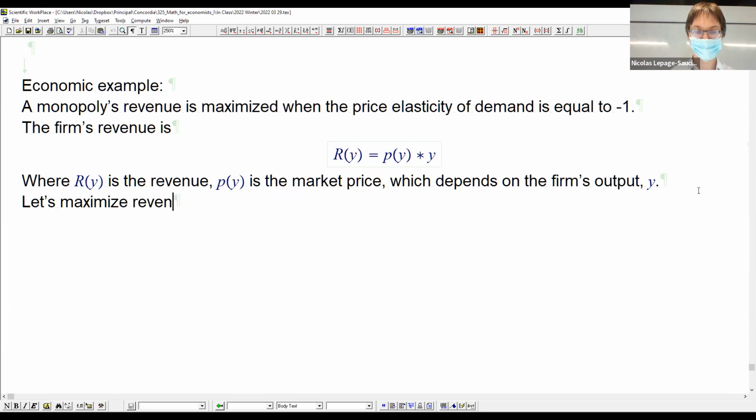So how do you find the maximum revenue? Maybe it's too easy now that we've been talking for a while about it. Step one is, yes, step one, find the first order derivative and set it to zero.